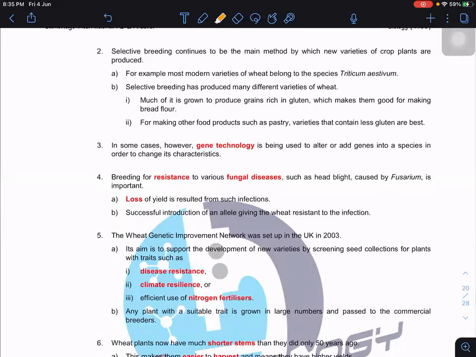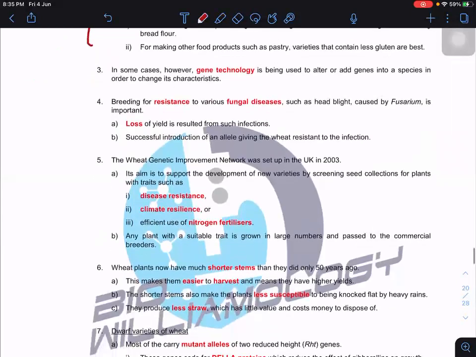For example, most modern wheats, Triticum aestivum, so this part we're going to learn again in speciation, when we're going to hybridize them together. In some cases we have to use gene technology. We have no choice with gene technology.